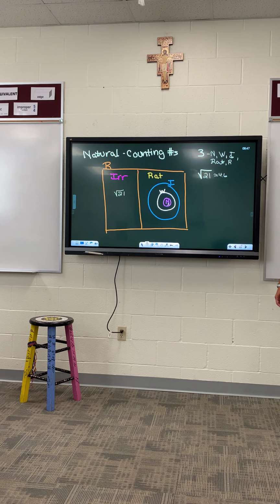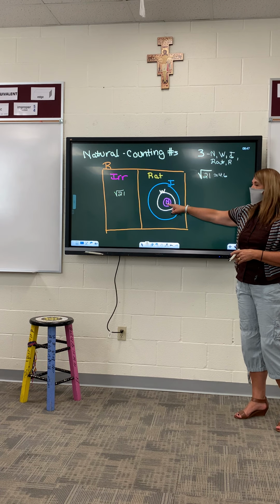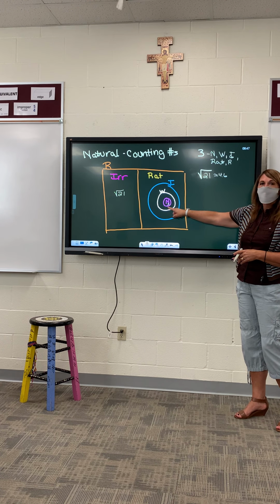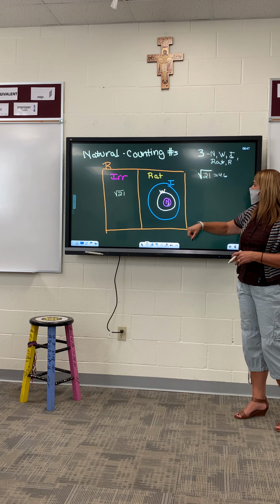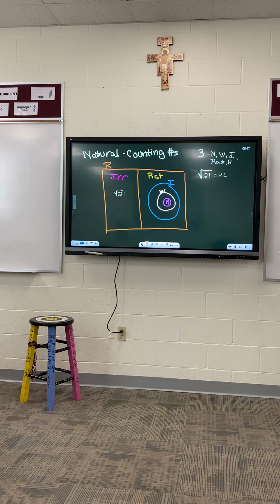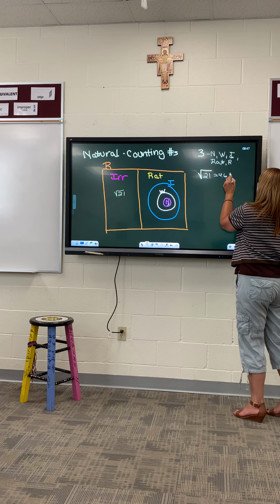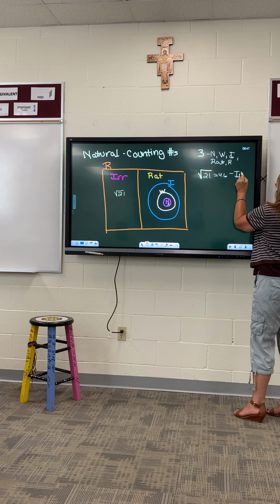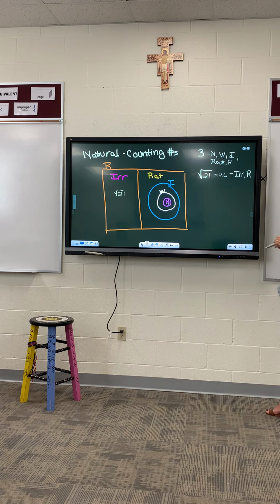So think of that in general. If you have a square root and it's a perfect square, it's going to be where the 3 is, because that would be like the square root of 9, right? But if it's not a perfect square, it would go here. So we would say this one is irrational and real.